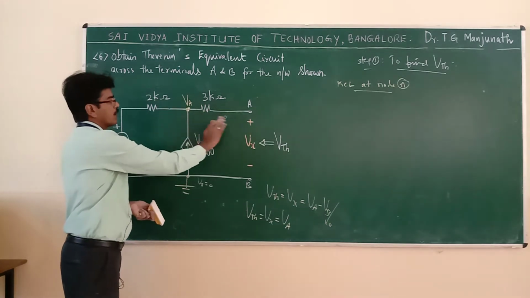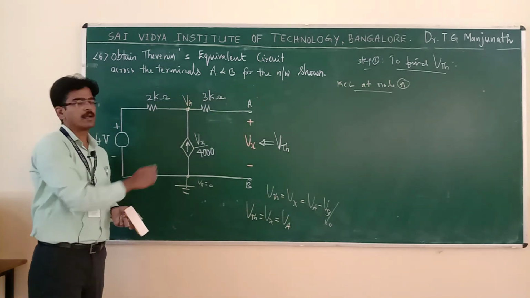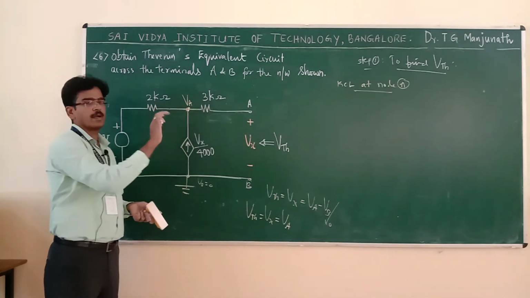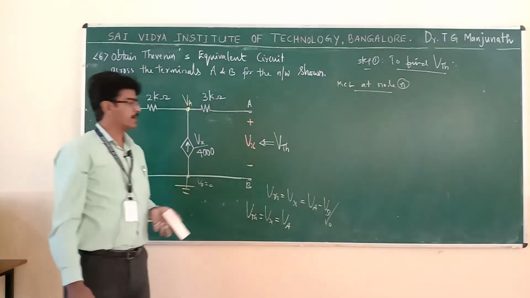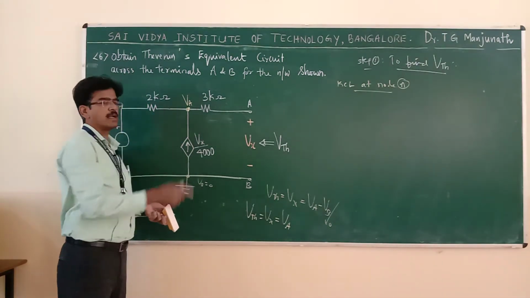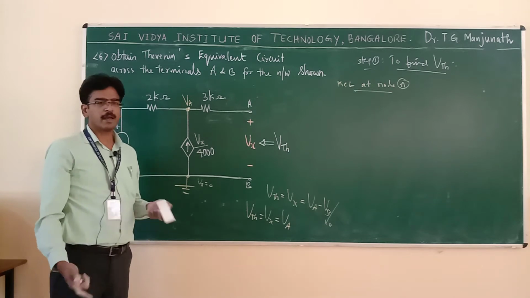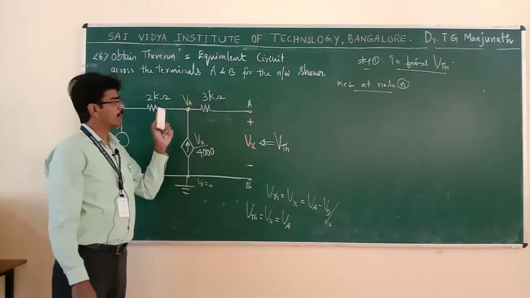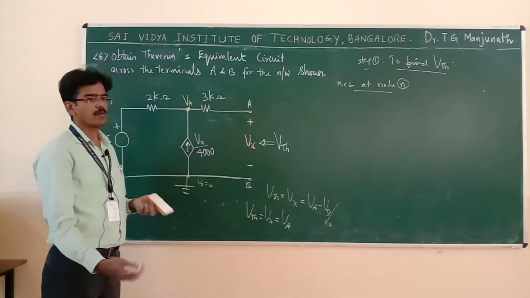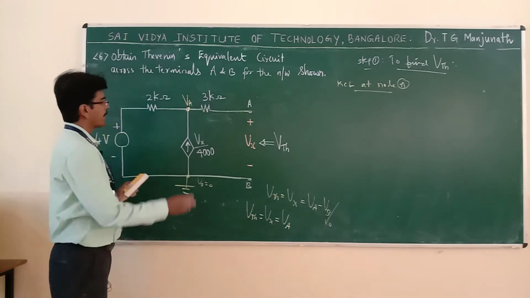This is open, so no current is coming here or going in this branch. I should write the algebraic sum of these two currents equated to 0. Incoming current we will take negative, outgoing current positive when writing KCL. That is what we have been following from the beginning.